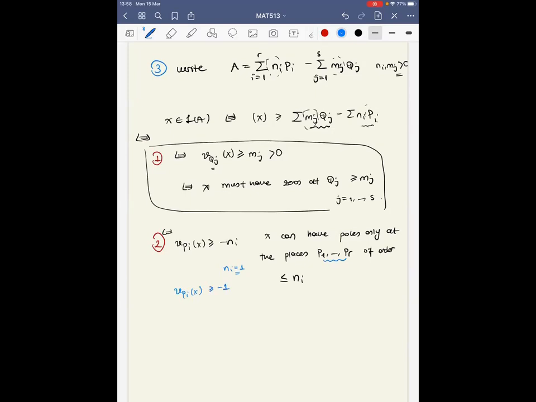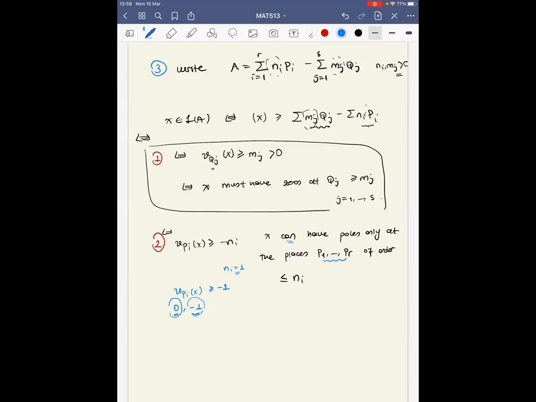So if v_P of x is bigger than or equal to minus 1, it can be equal to minus 1 or 0. So in the minus 1 case, that means it can have a pole of order 1, or it has neither a zero nor a pole. So this is why we say it can.